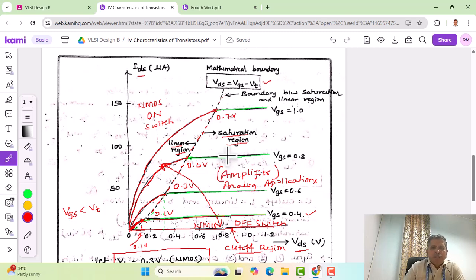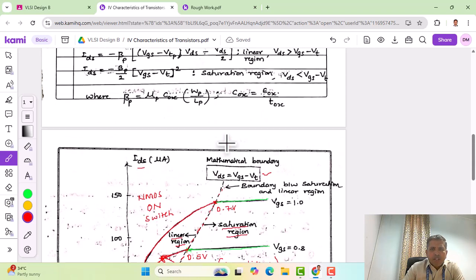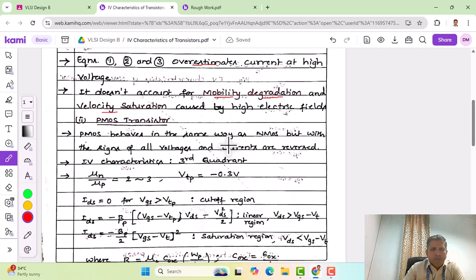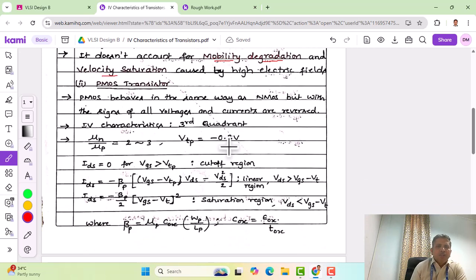We'll show in a similar way how the characteristics of PMOS vary with reference to drain source voltage. Now let us study the properties of the PMOS transistor before we draw the characteristics. The PMOS transistor behaves in a similar way as the NMOS transistor, but the signs of all voltages and currents are reversed.